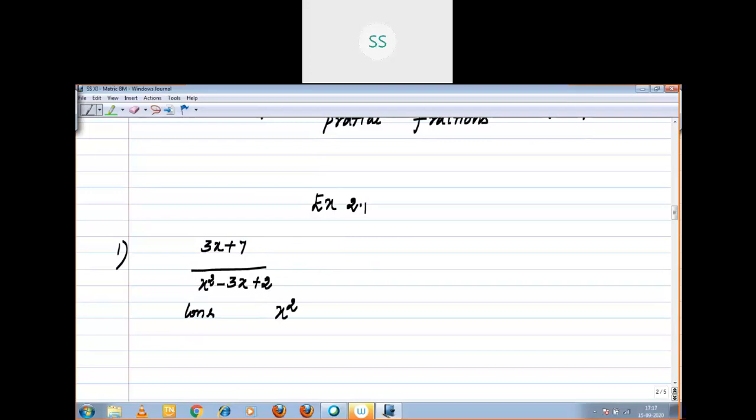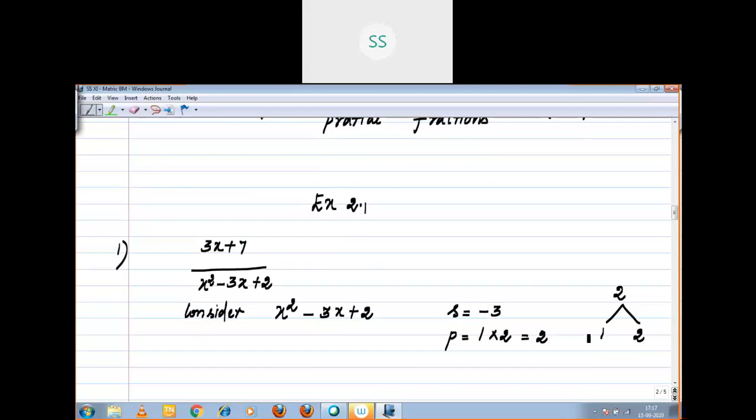You listen. Consider x square minus 3x plus 2. Sum equal to minus 3, that is the coefficient of x. Product equal to coefficient of x square into constant, so you get it as 2. What are the possibilities for 2? 1, 2.